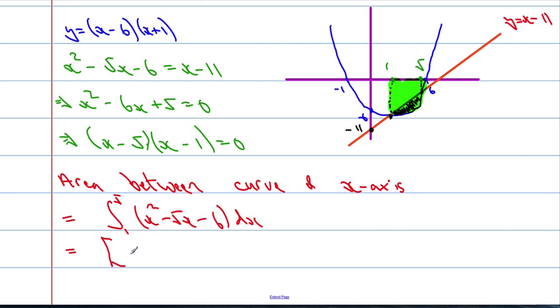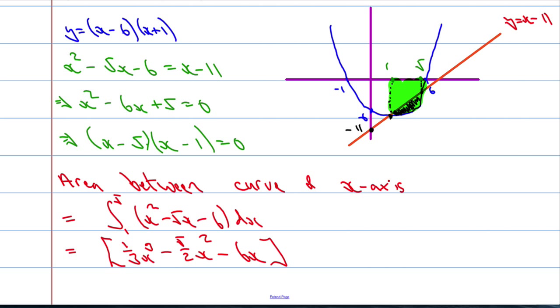So when we do that, we get 1 over 3 x cubed. Gotta be careful here. 1 over 3 x cubed minus 5 over 2 x squared minus 6x.